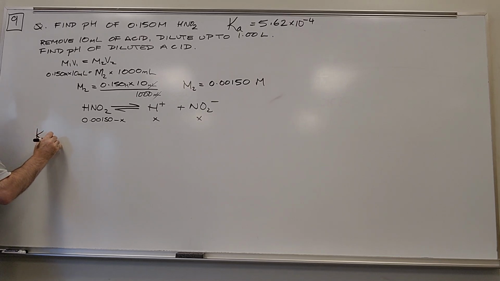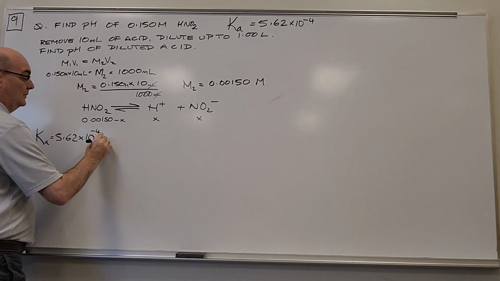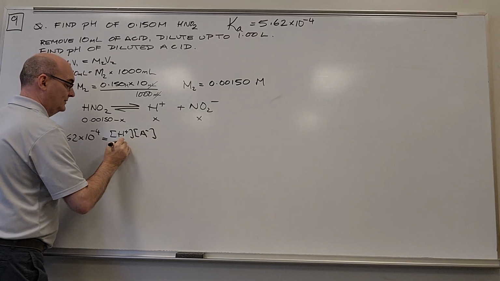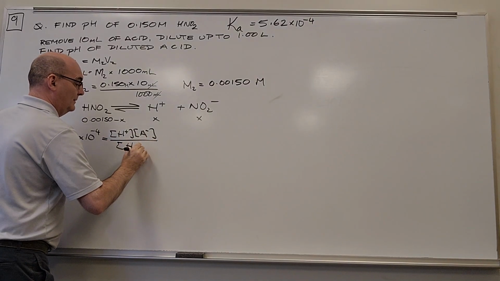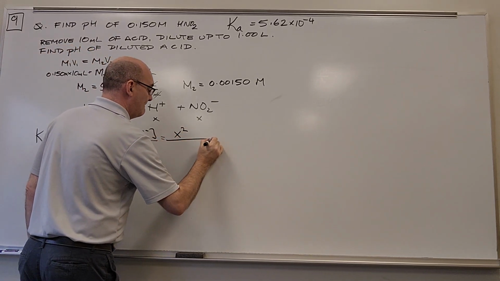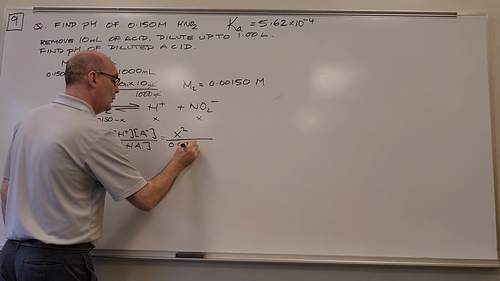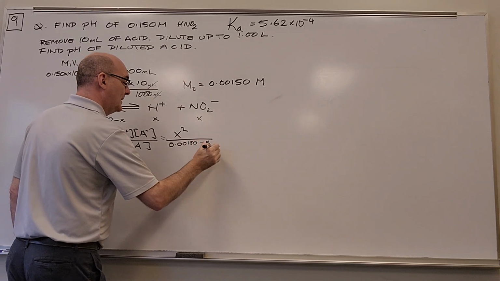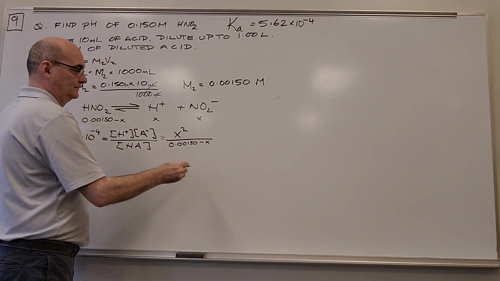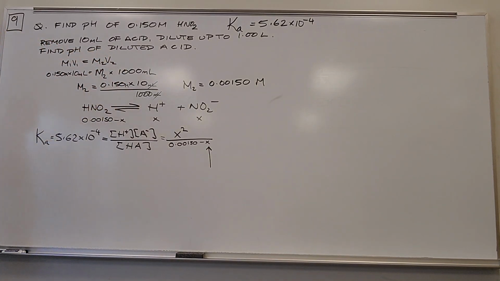Ka, which is 5.62 times 10 to the negative 4, is equal to H plus, A minus, over HA, which is X squared divided by 0.0015 minus X. Can we ignore the value of X here?